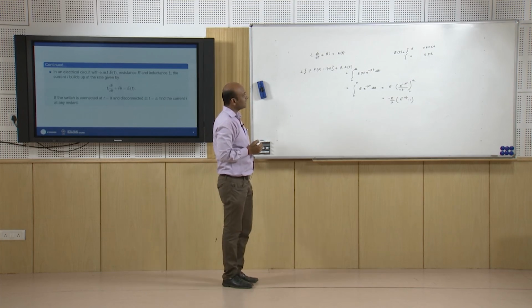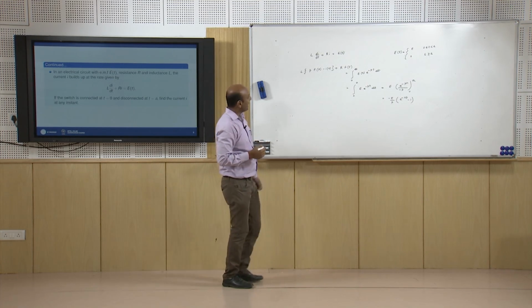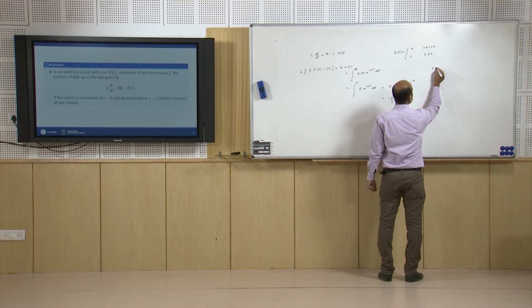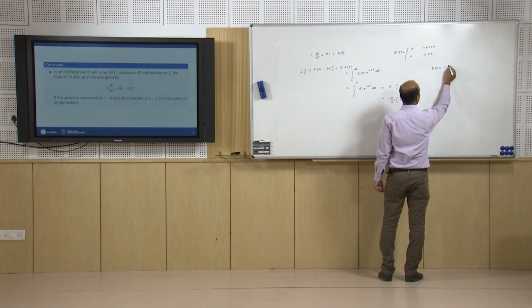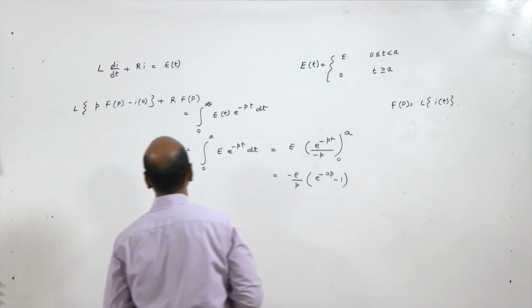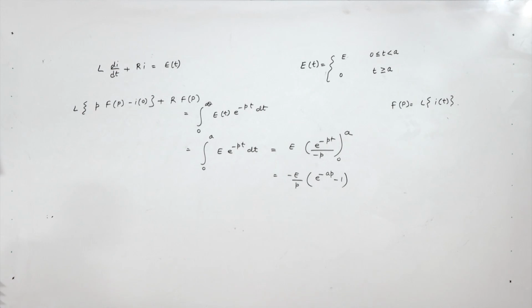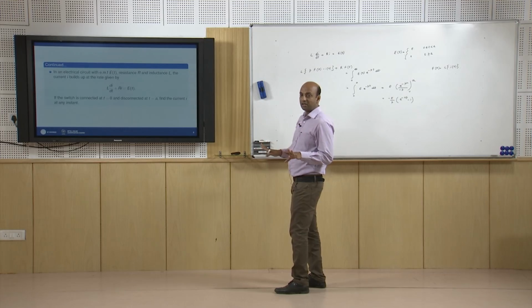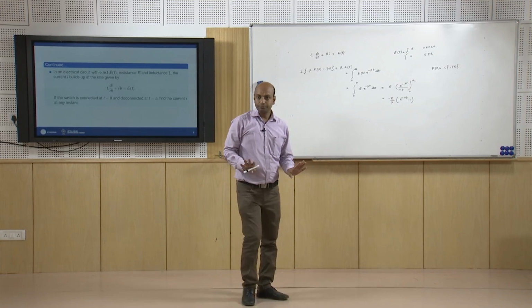So, this is the right hand side, and what is Fp? Fp is nothing but the Laplace transform of It. This I am assuming here. Okay. Now, we assume that at t equal to 0 initially there is no current in the circuit, so I0 is 0. Okay.